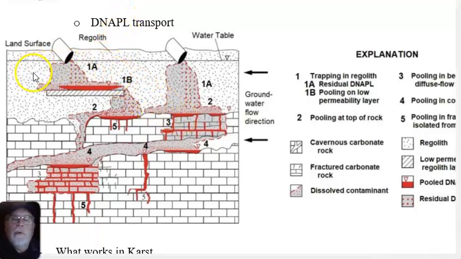So an LNAPL, light non-aqueous phase liquid, like gasoline, would hit the water table and then just float there. DNAPL keeps going down. So it's really bad if there's sinkholes and caves and fractures in the rock and stuff. So it can just head down there and be super hard to find and get rid of.